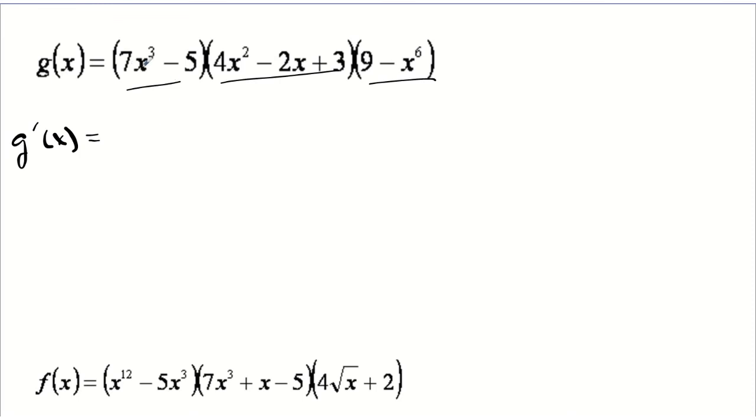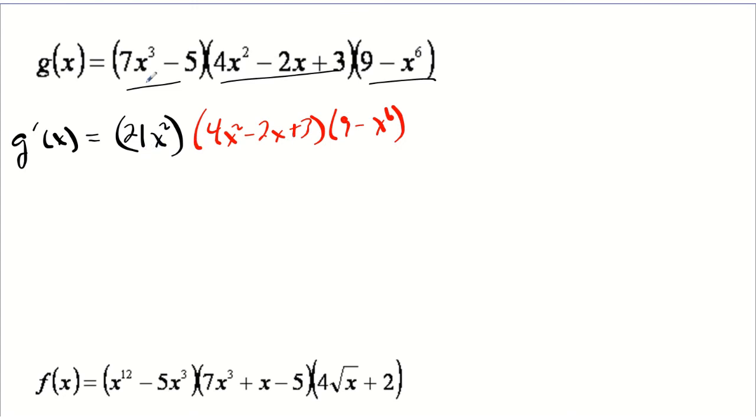Because there's 1, 2, 3 factors, my derivative will now be derivative of the first multiplied by the other 2. I'll color code this one again. So your other 2 are just 4x squared, take away 2x plus 3, 9 minus x to the 6. So derivative of the first factor, this bracket, multiplied by the other 2, plus derivative of the second.